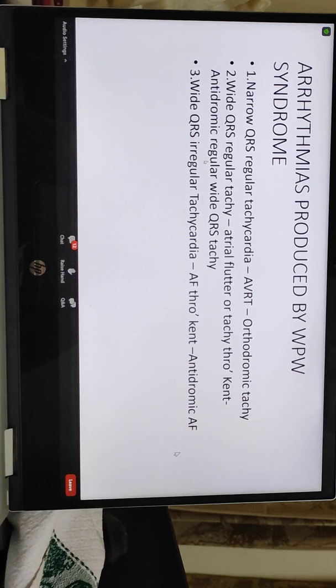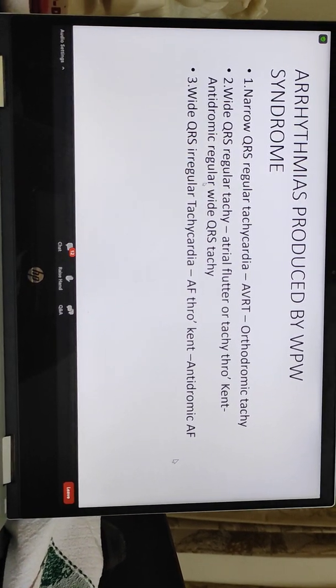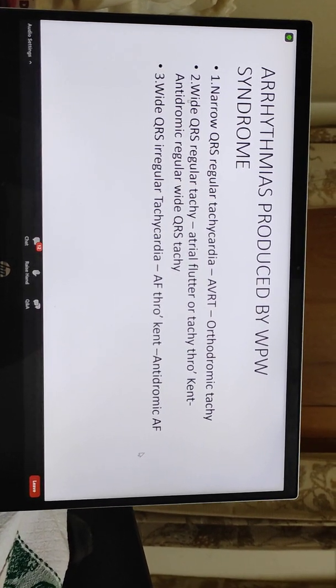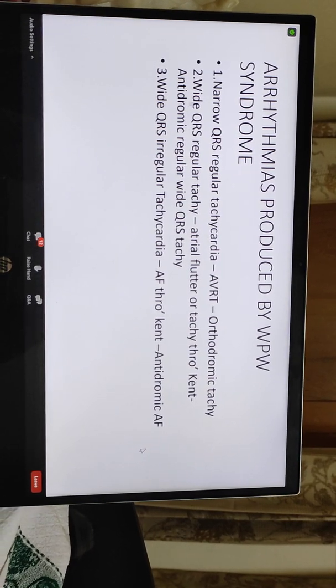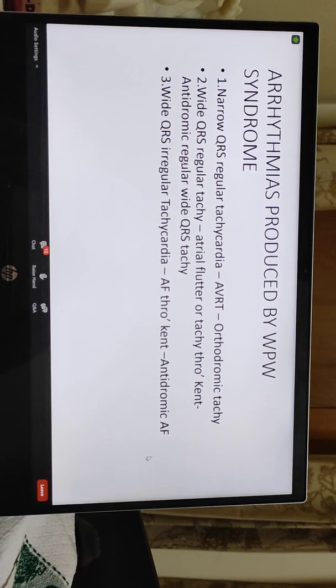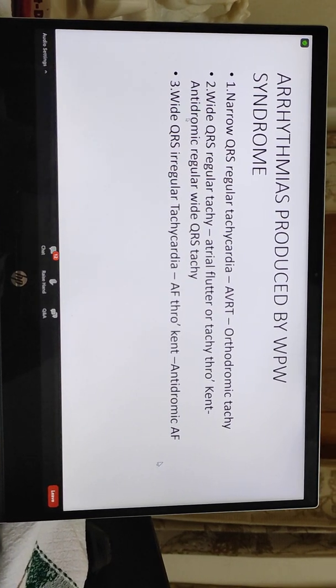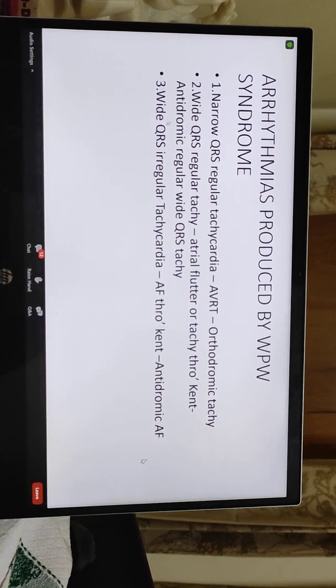Because the accessory pathway conducts into the muscle and the subsequent impulse goes through the muscle, there will be a wide QRS. If your supraventricular arrhythmia is a regular arrhythmia such as atrial flutter or tachycardia, you will have a wide QRS regular tachycardia, which we call antidromic tachycardia, because antegrade conduction is through the accessory pathway.